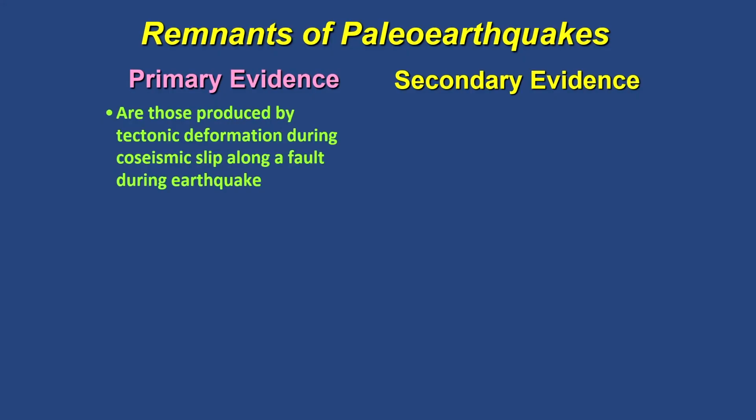So, primary evidence are those produced by tectonic deformation during co-seismic slip, co-seismic meaning at the time of the earthquake. Any surface rupturing earthquake will result in displacement along the fault plane. So, either it will go up, that classification will come when we talk about the fault in particular, or the blocks can go down, or they will pass by each other.